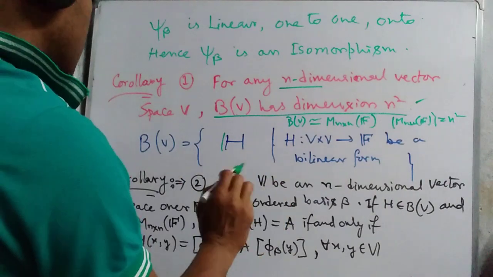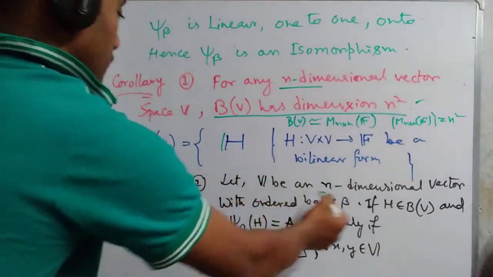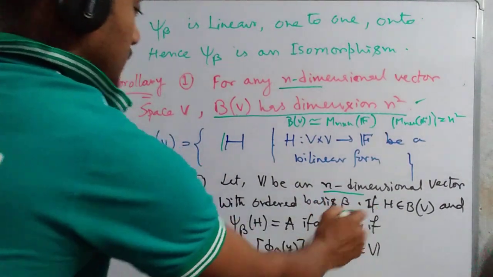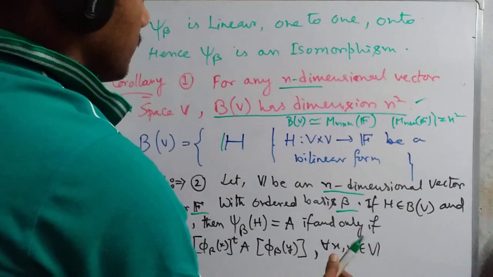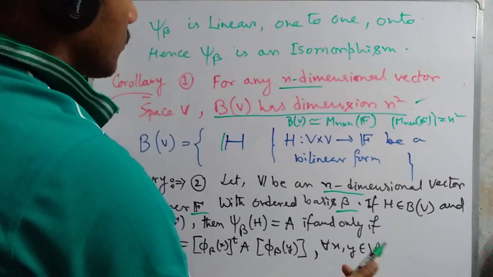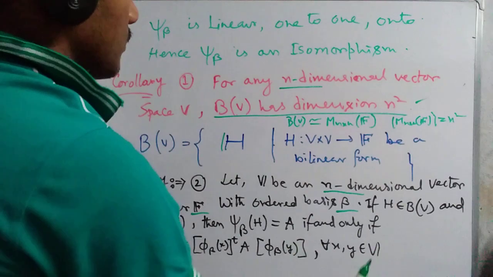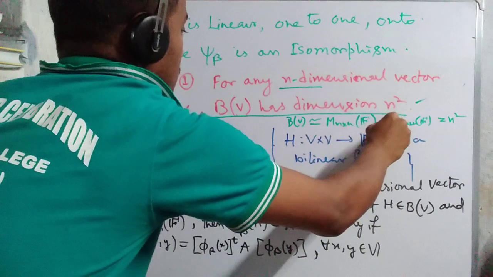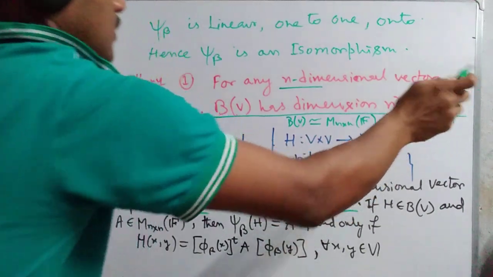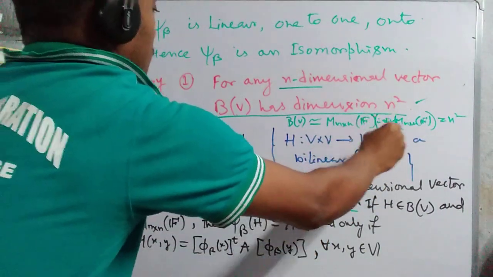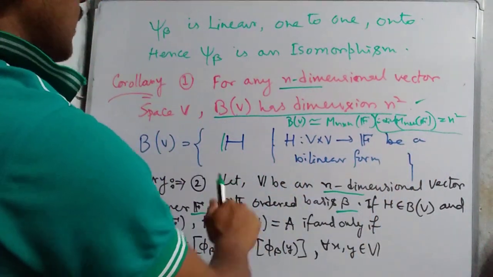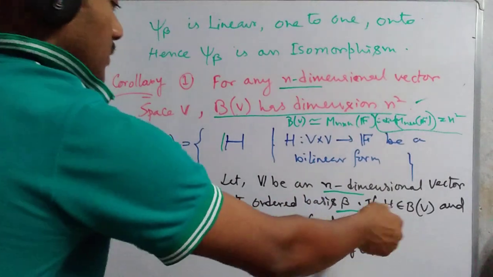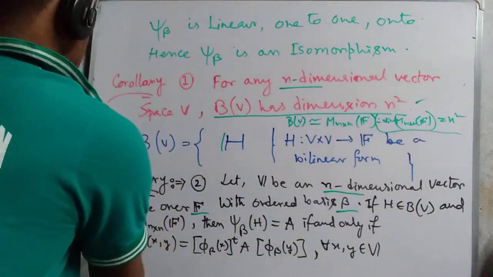And now we discuss this corollary: let V be an n-dimensional vector space over F with ordered basis beta, H belongs to BV and A belongs to M n cross n.